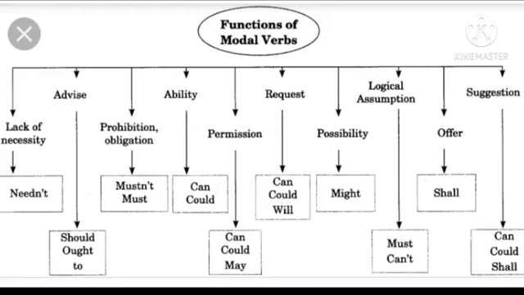And for prohibition or obligation, prohibition means denying something, and obligation means that it is a duty, for that we use must and mustn't. Then for ability, we use can and could. For past ability, we use could. For permission, we use can, could, and may. For request, we use again can, could, and will.